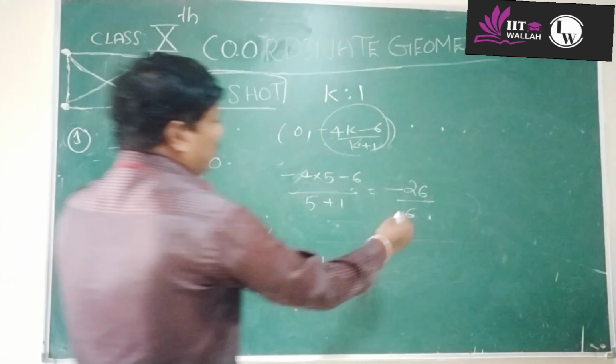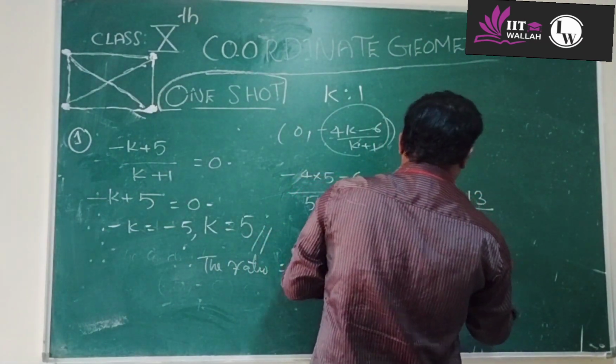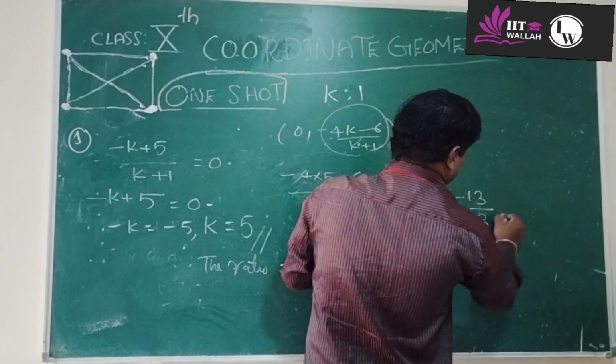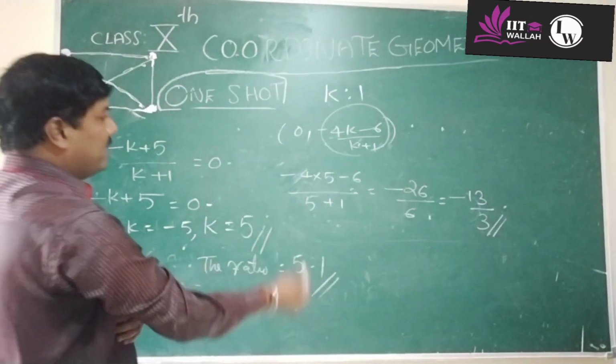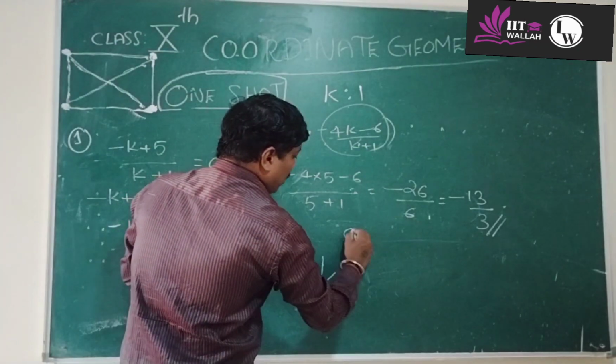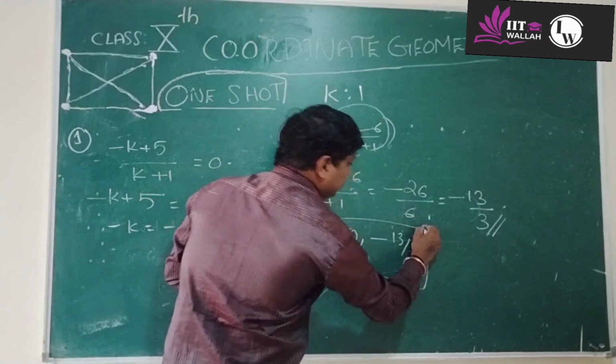Minus 26 upon 6, cancel 2, is minus 13 by 3. So our required point is 0 and minus 13 upon 3. This is the required point.